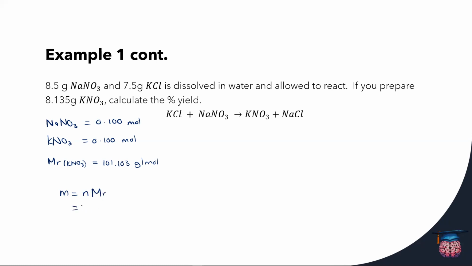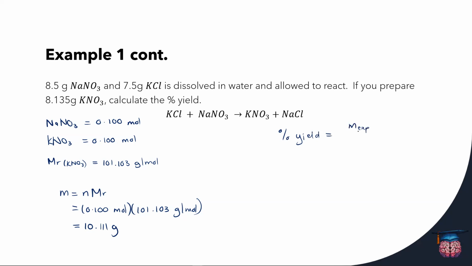So that is simply 0.100 moles times 101.103 grams per mole. And we get a theoretical yield of 10.111 grams.